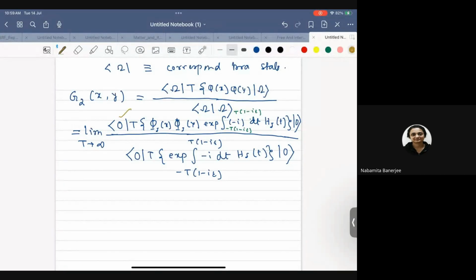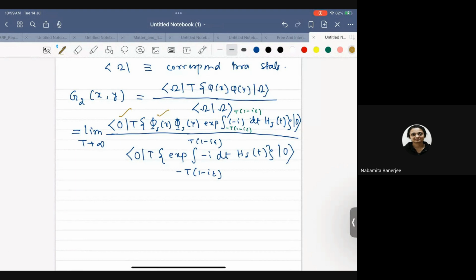I know this, I know this, I know this, I know H_I is nothing but an operator written in terms of phi_I. So I know my entire numerator, and I know my entire denominator. Now comes the ifs and buts. Okay, but I gave you the solution of U, right?